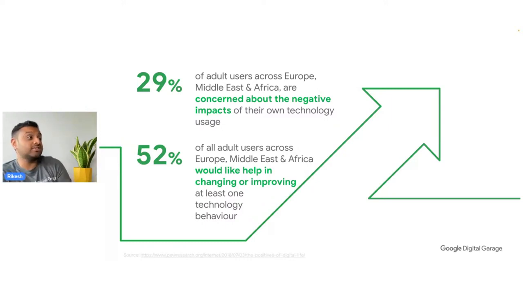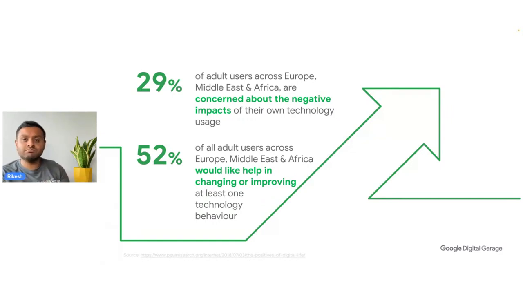You can see here that nearly 30% of adults across EMEA, so that's Europe, Middle East, and Africa, are concerned about the negative impacts of their own technology usage. So they're concerned about the habits and behaviors they have with these devices that they use every single day. Nearly half of those adults would like help in changing or improving at least one technology behavior. So that's good food for thought.